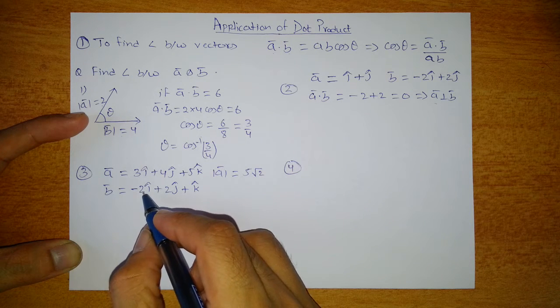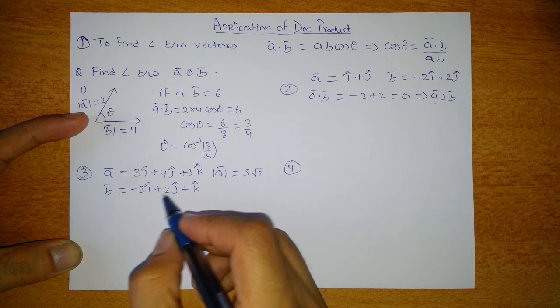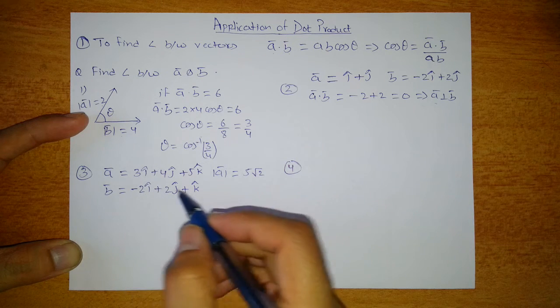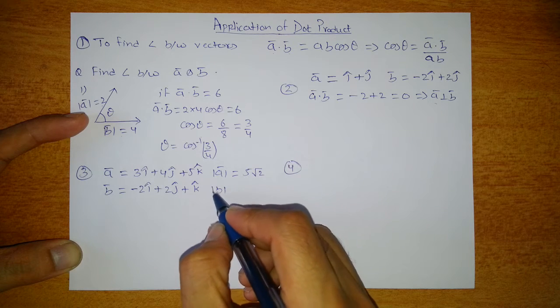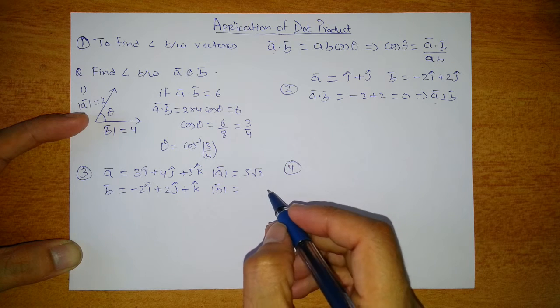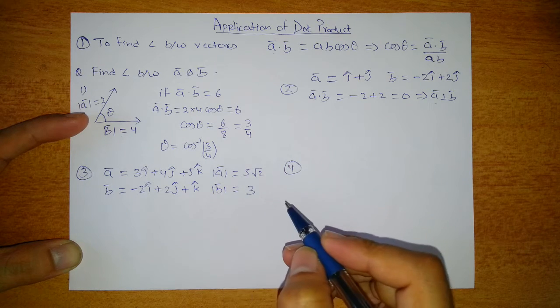And similarly here, 2 square, 2 square and 1 square. Again, -2 square will be 4, whether it's plus or minus, it doesn't matter as far as magnitude is concerned. So it will be 4 plus 4 plus 1, that is root of 9, and that is 3.